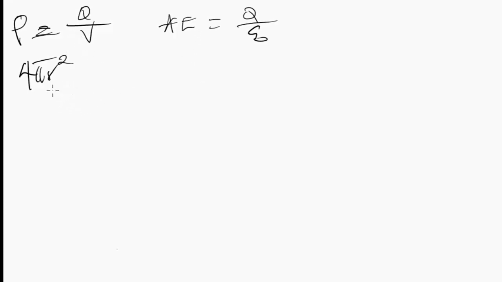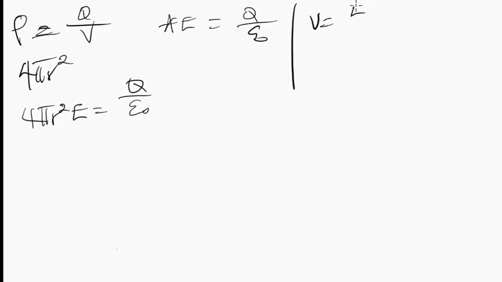So this gives us that 4 pi r squared E is equal to Q over E naught. Now, let's set aside this. Let's also remember that the volume of a sphere is equal to 4 over 3 pi r cubed.